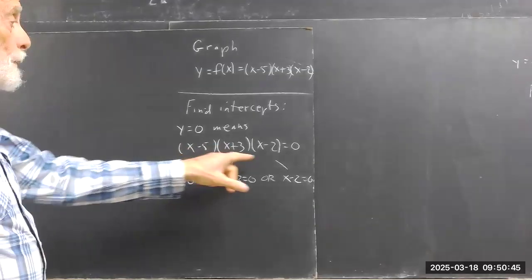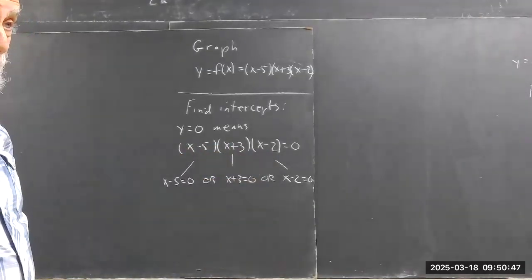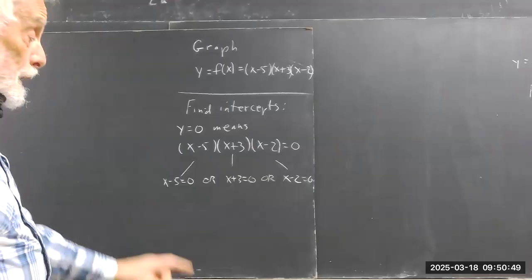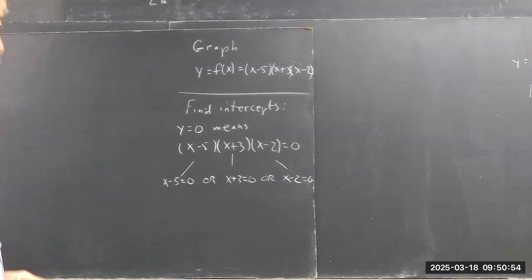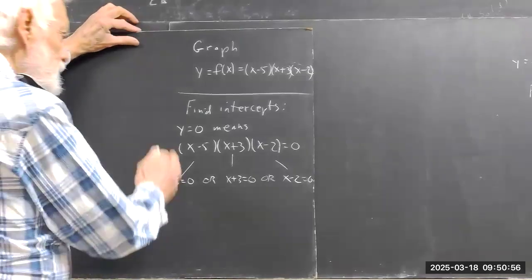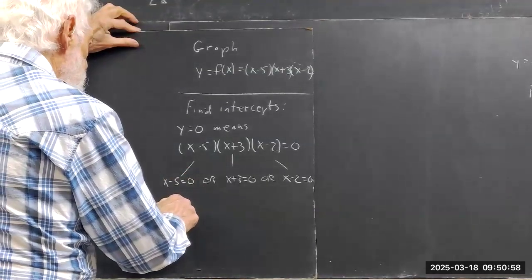Because sometimes these are more complicated formulas. You have to set it equal to 0, and you've got to know it's this or this or this. I think you know that. And you did find the zeros correctly, but to do it formally, we want to do this.